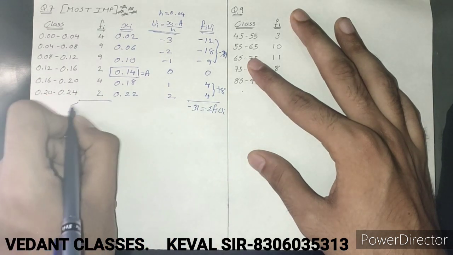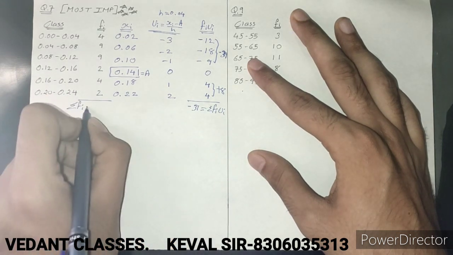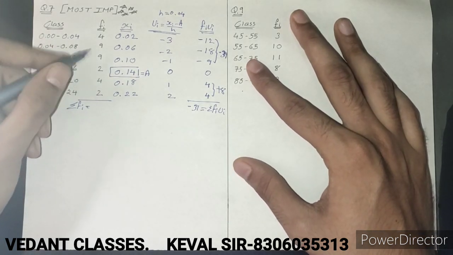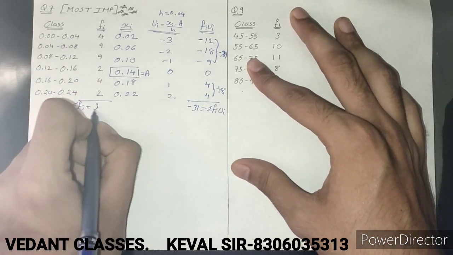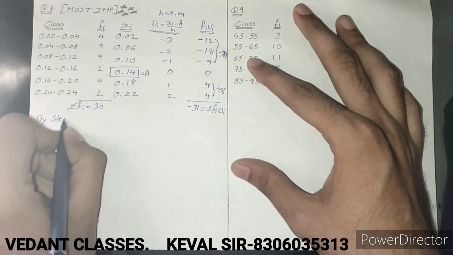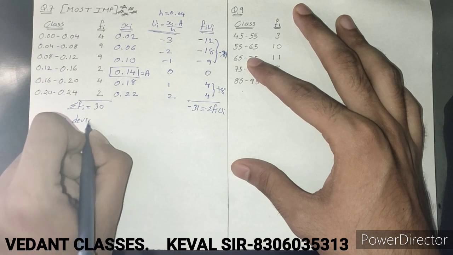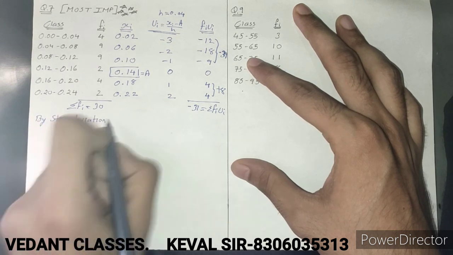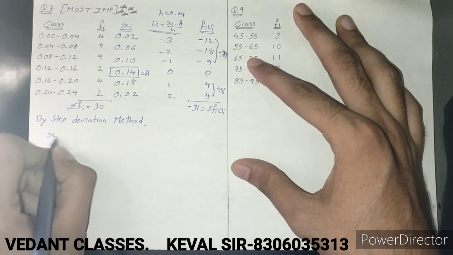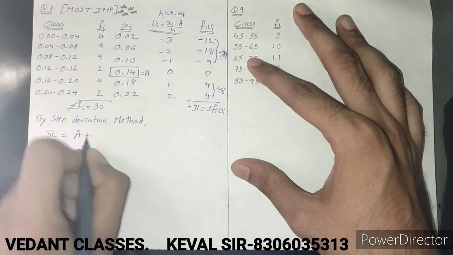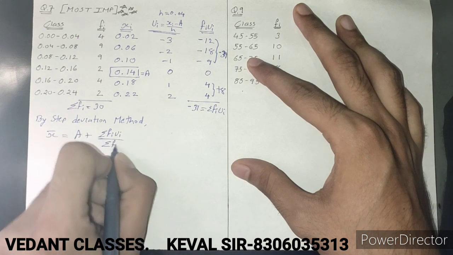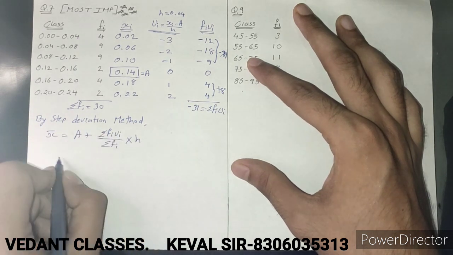Now let's calculate the value of sigma fi. 30. Now by step deviation method, x bar is equal to a plus sigma fi ui upon sigma fi into h.